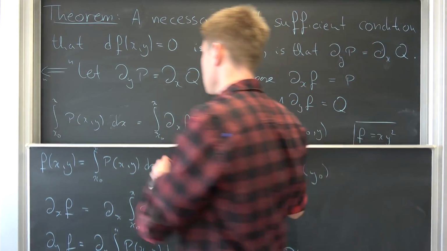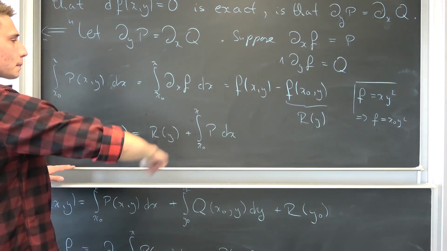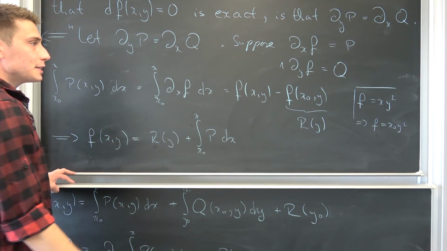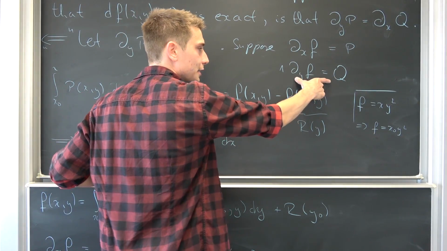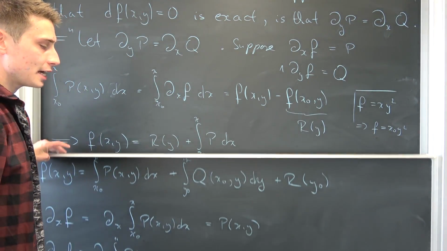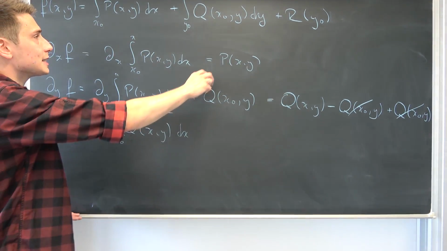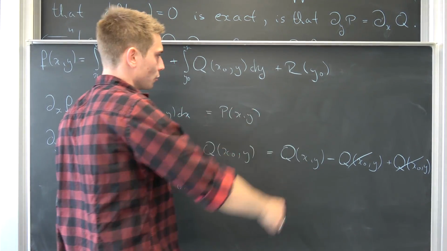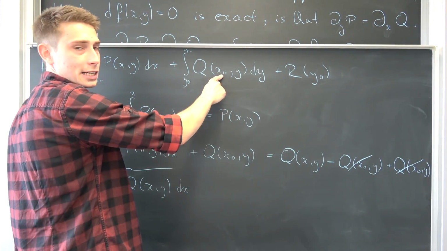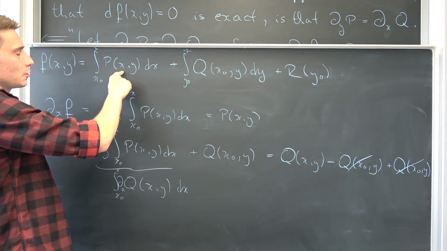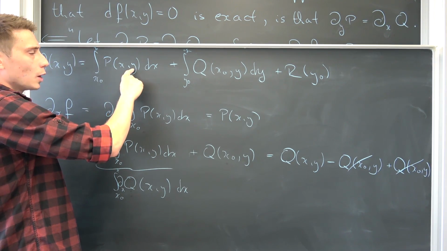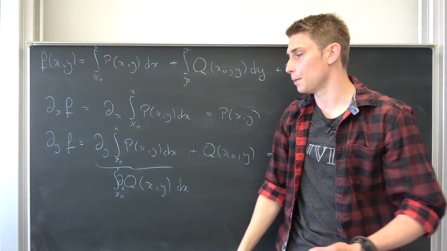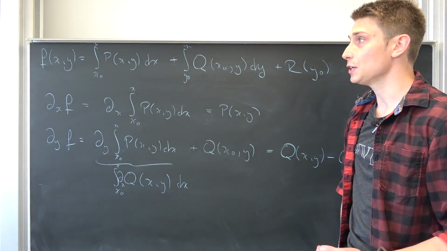So originally we have started with choosing this path and integrating this with respect to x, but you can also start from here, integrating this with respect to y, and you are going to end up with nearly the same thing right here, just with this being a function of x naught probably, and instead of an x naught right here you have an x, and instead of a y you are going to have a y naught right here. It's going to result in the same thing. But this proves the theorem, basically.